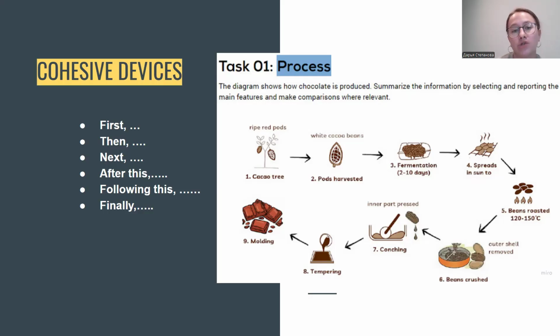So our question is, is it okay to describe the process using these cohesive devices, starting every single sentence with this template? Can you please type in our Zoom chat whether it's okay or not okay?